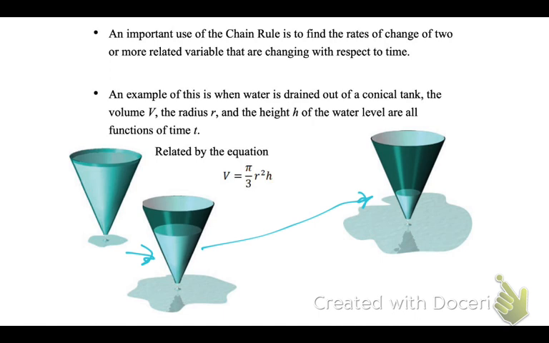So there's a lot of things changing. In this equation, the volume of a cone is pi over 3 r squared h. So the volume is changing over time, but the radius is also changing and the height of the water. So you have things changing all together. It's just not one thing changing.